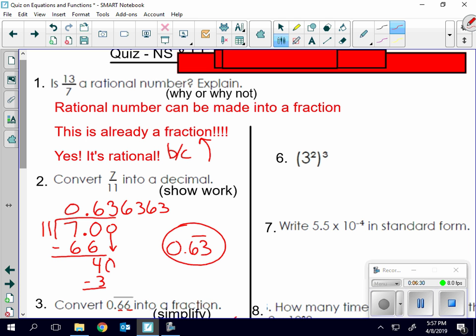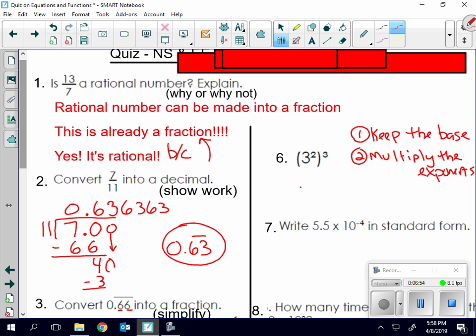Right, 6. Now we're raising a power to a power, where we keep the base and multiply the exponent. Multiply the exponents. Keep our base.